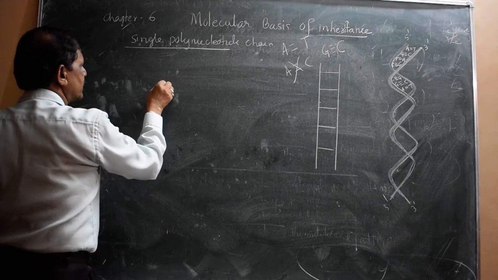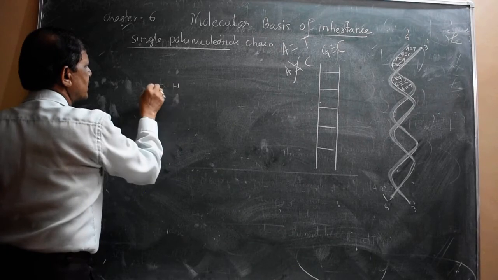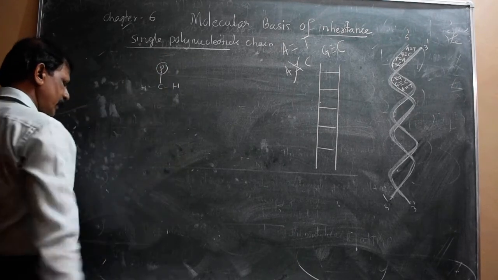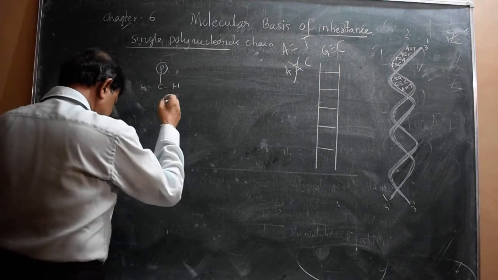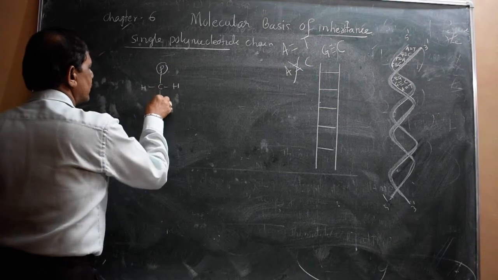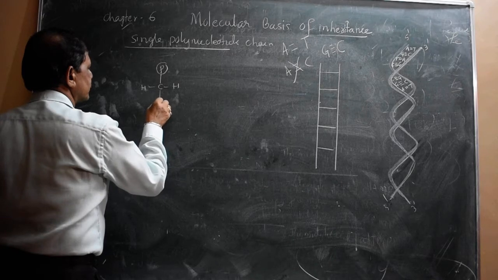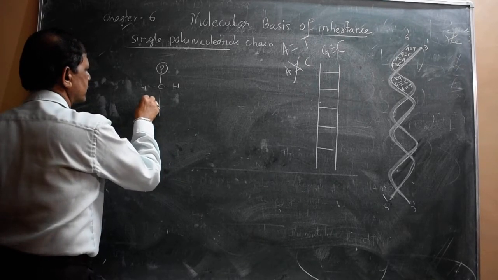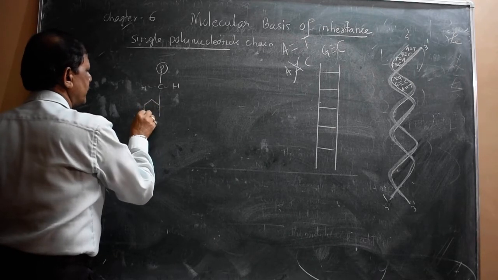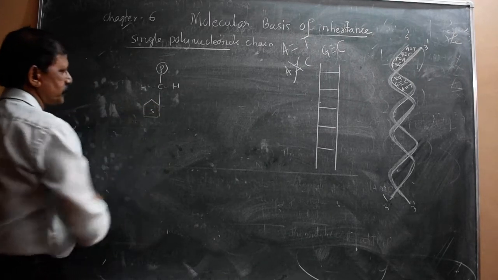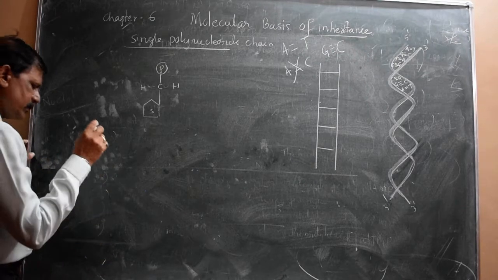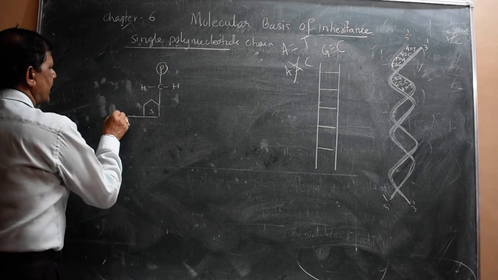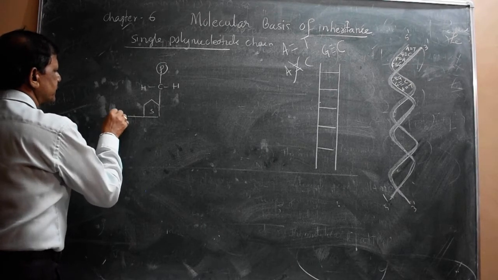A single polynucleotide chain looks like this: C, H, then a P, and on the other side it has a connection with pentose sugar. And this pentose sugar on the other side is connected with the nitrogen base like adenine.